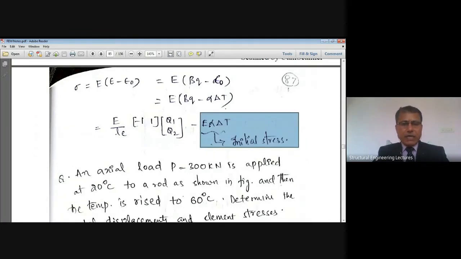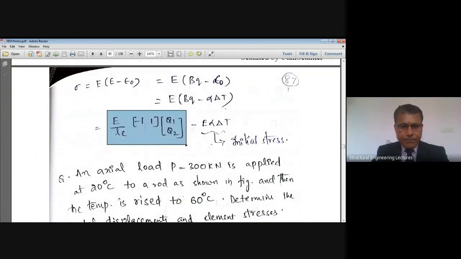If you deduct that initial stress, the remainder is the net stress due to the application of the load. That is how the stresses can also be evaluated, if at all temperature loads are also there.